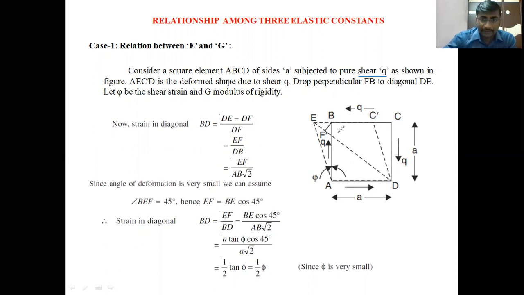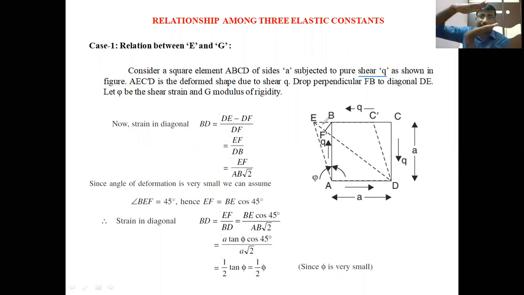Drop a perpendicular FB. Observe this diagram first of all. ABCD is the initial shape before applying the shear force. AEC'D is the deformed shape after applying the shear force. It looks like a parallelogram after applying the load on the surfaces.